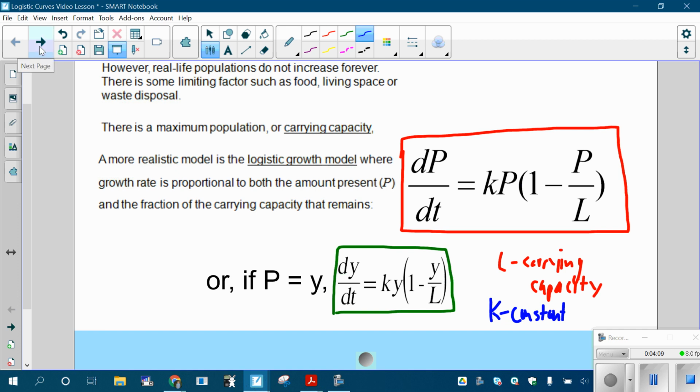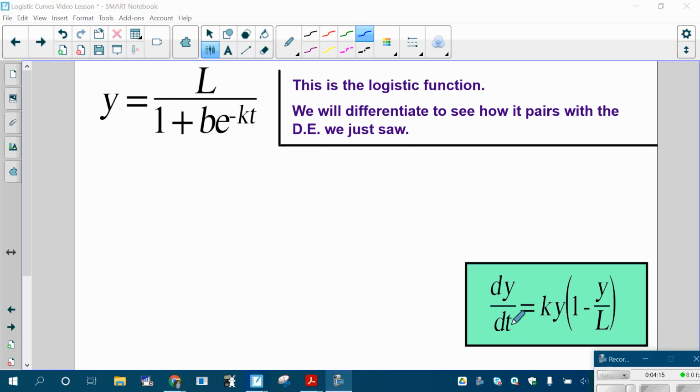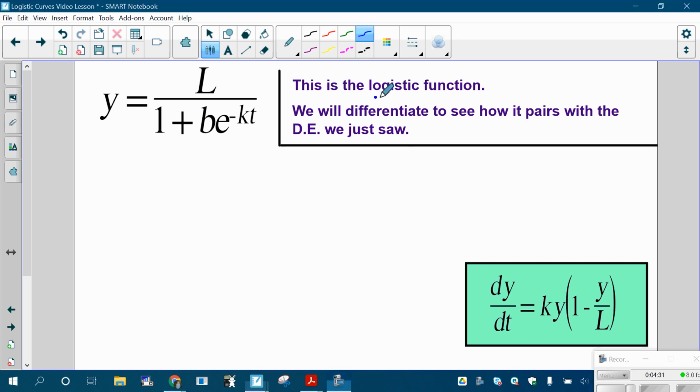Stick with me here. This is where it's going to get a little intense. So here's the differential equation you're going to come across. k is going to be a number, just a constant for the problem. L is going to be the carrying capacity. And the solution to this differential equation is this function. This function is the logistic function.